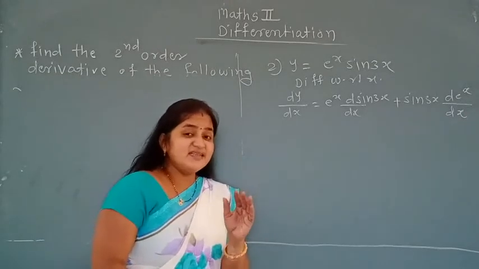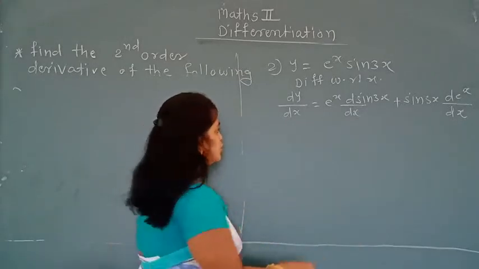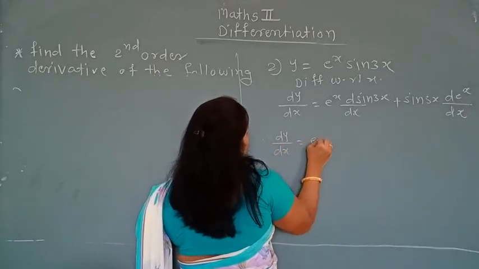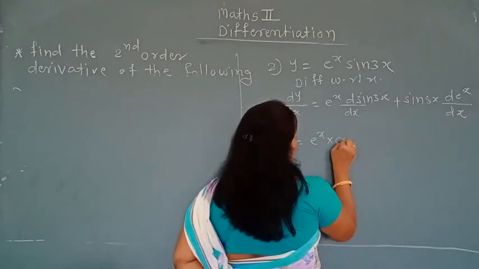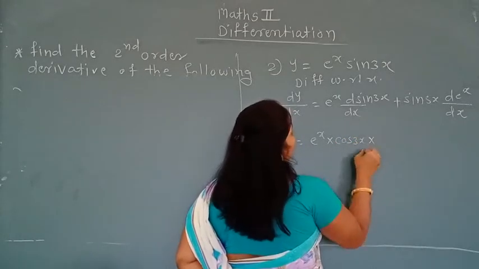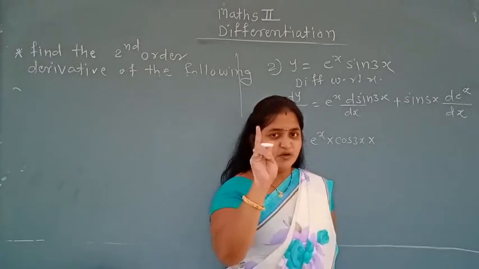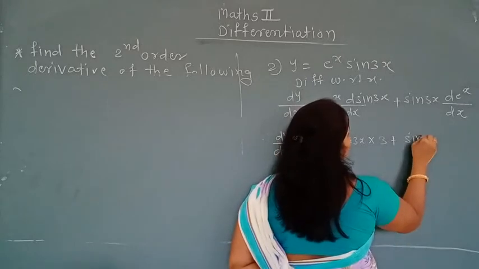So first we find the derivative of sine and then we find the derivative of 3x. So dy by dx is equal to e raised to x as it is multiplied. Sine derivative is cos, so cos 3x, and again a derivative of 3x. 3 is a constant, the derivative of x with respect to x is 1. So multiply 3 plus sine 3x as it is.